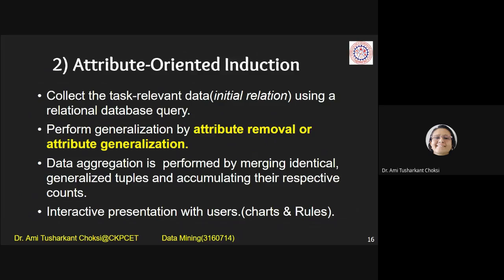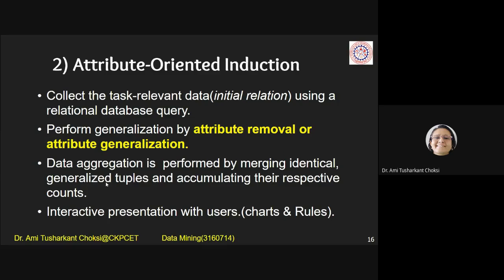Attribute oriented induction, now what is that? Collect the task relevant data, that is the initial relation, using a relational database query. Perform generalization by attribute removal or attribute generalization.